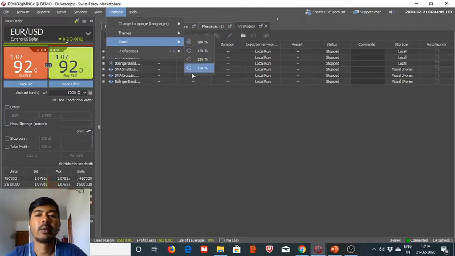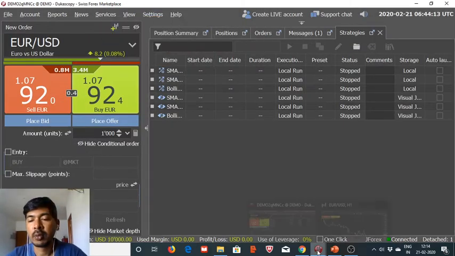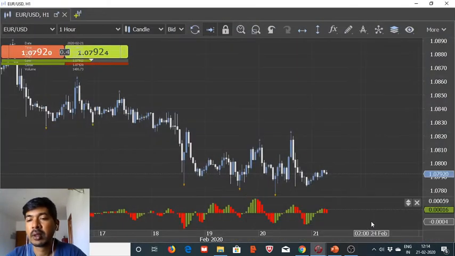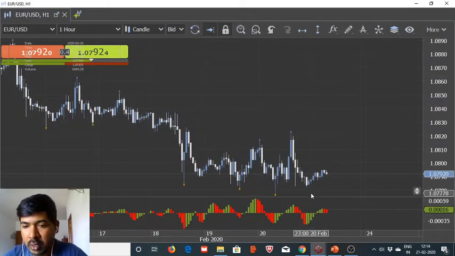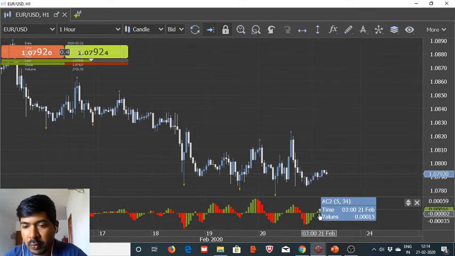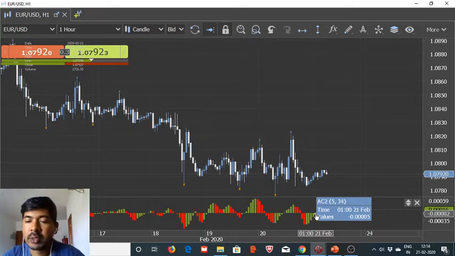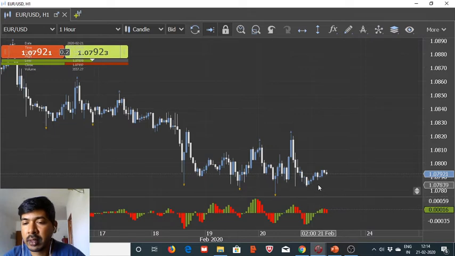Let's make it 150, and I hope now you can see the values here. So here, suppose if we want the trade to be opened as soon as this AC2 shifts from bearish to bullish, so the trade should be opened after this 3 GMT bar, and that is here.